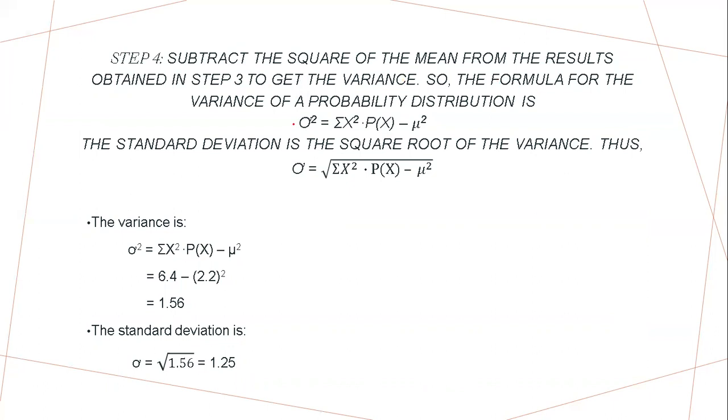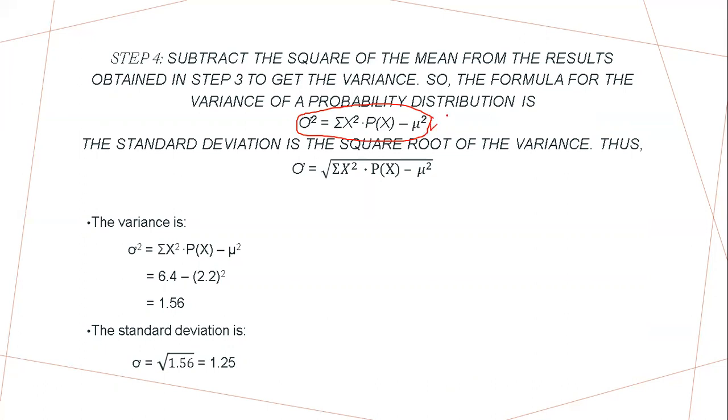So, the formula for the variance of a probability distribution is the variance is equal to the summation of x squared times probability minus the mean squared. Okay, ibig sabihin gagamitin natin yung formula to guys. Okay? So, sa step 4, wala nang table. Ang gagawin na lang natin is si formula. Pero paano natin masosolve yan?